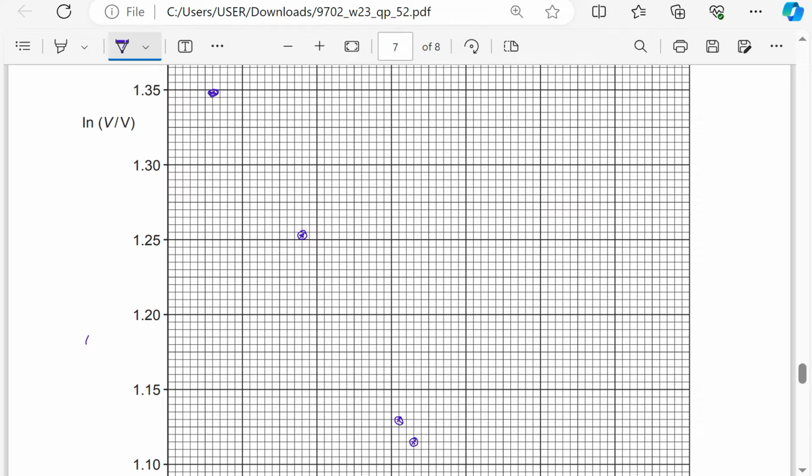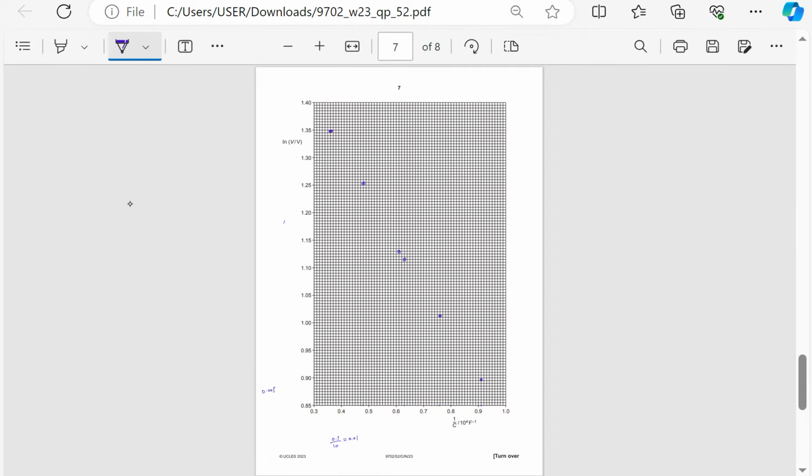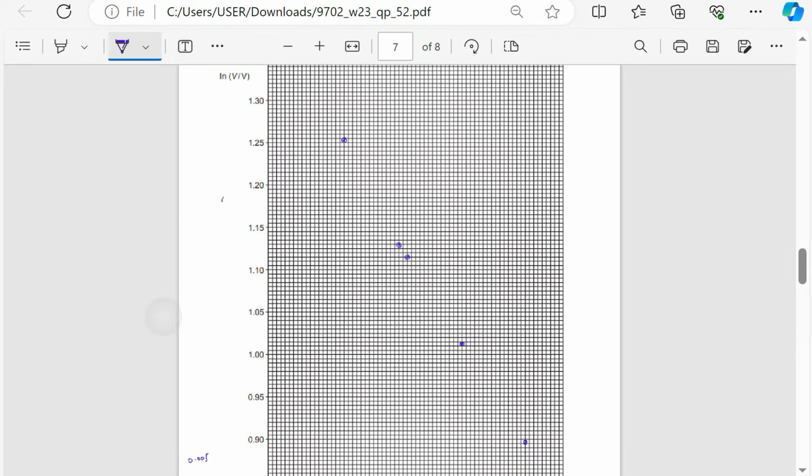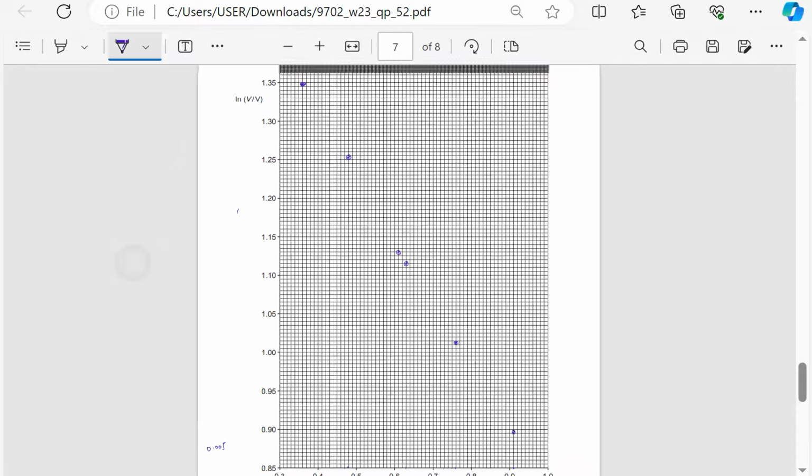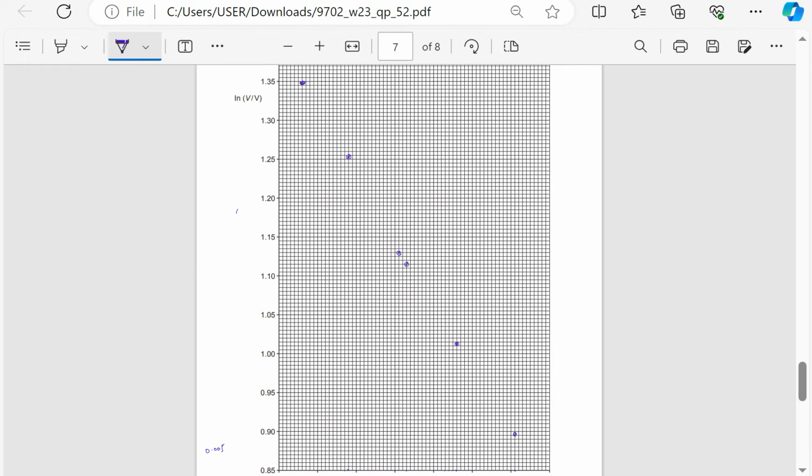So for the line of best fit, I'm going to fit this on the same page, because there's no way I can balance the points if it is not on the same page. Okay, so I'll try my level best to do a better line of best fit.